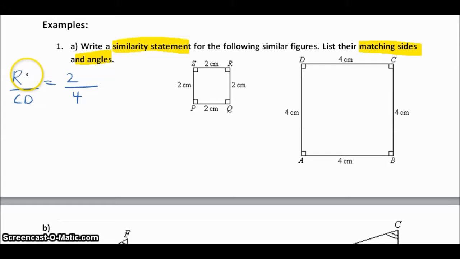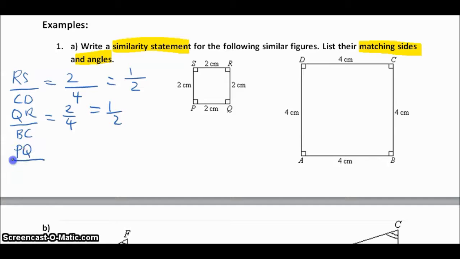So it should really be RS over CD is 2 over 4, and I know that's equal to a half. I'm also going to say that QR over BC equals 2 over 4, which equals a half. I'm also going to say that PQ over AB equals 2 over 4, which equals a half.